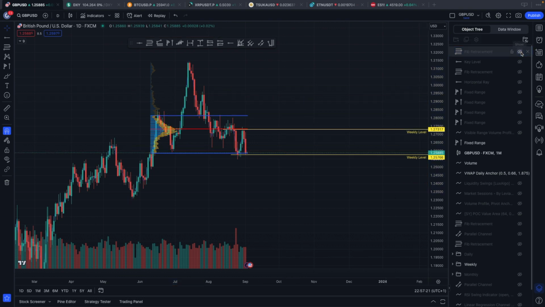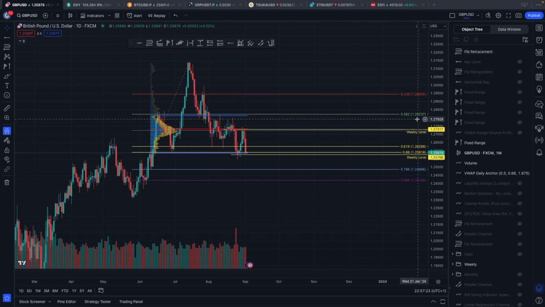Okay. And then look, 0.5 works out perfectly in line with the point of control. So that is huge resistance: point of control, weekly level, 0.5 level. It would make perfect sense for it to go up here, grab all this liquidity, and then get back down again, maybe even front run it at the least.